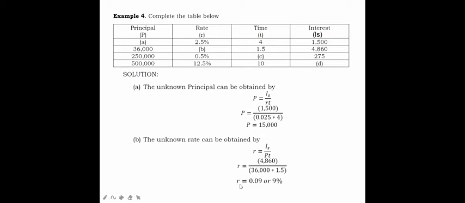Then you will get 0.09, or in percent, 9%. So with the principal of 36,000 and the rate of 9%, in 1.5 years, or 1 year and 6 months, the interest will be 4,860.